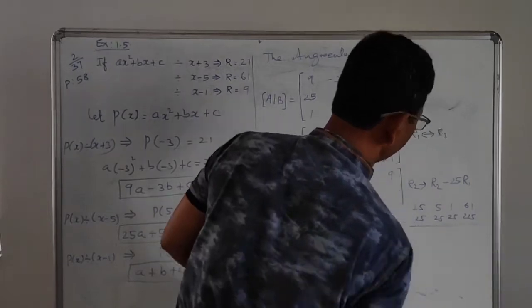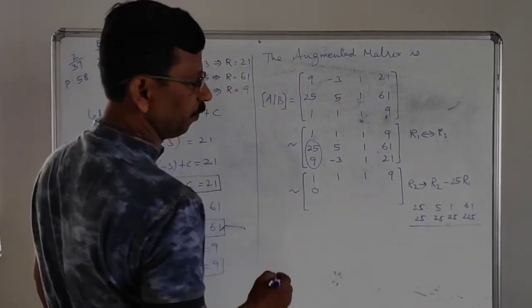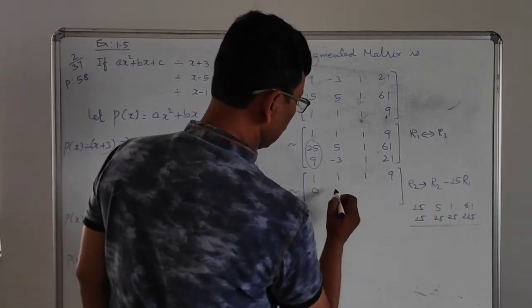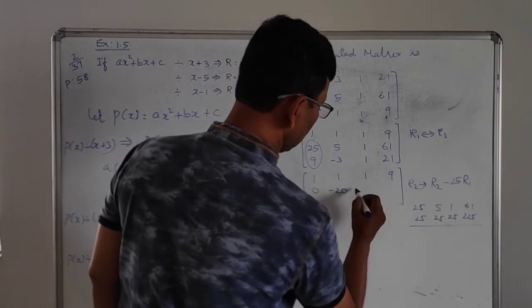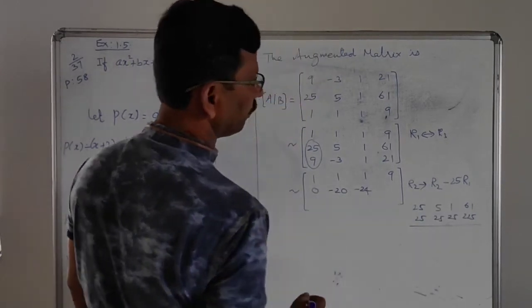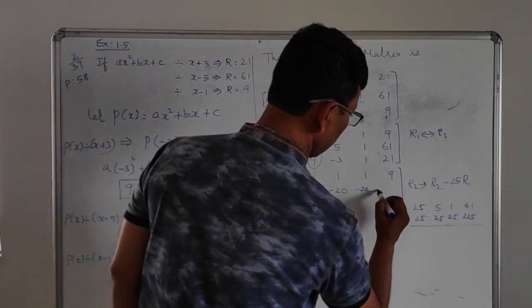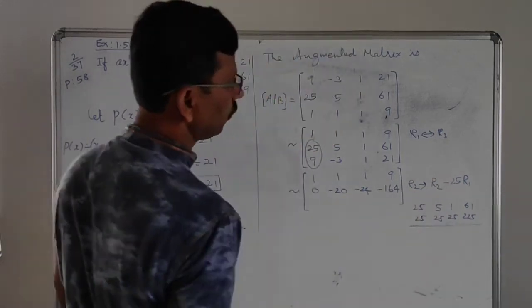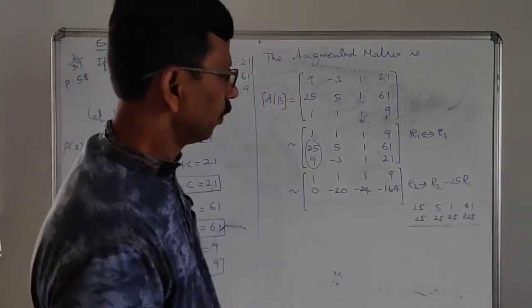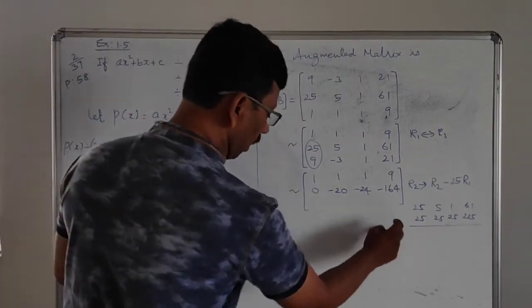Then you have to subtract. 25 minus 25 gives 0. Then 5 minus 25 gives minus 20. Then 1 minus 25 gives minus 24. Then 61 minus 225 gives minus 164.